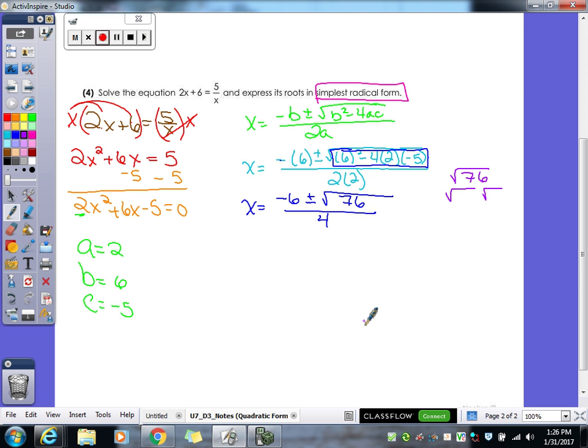What'd you get, Seth? 4. Yes, it's 4. 4 and what? 4 and 19. So the square root of 4 comes out as a 2. 19 stays under our square root sign.